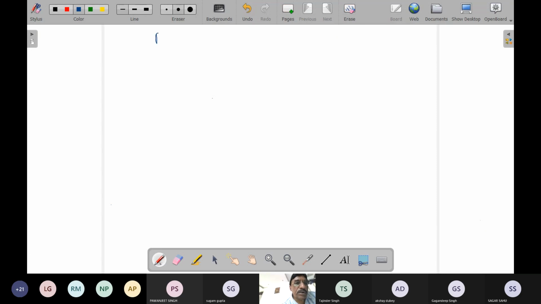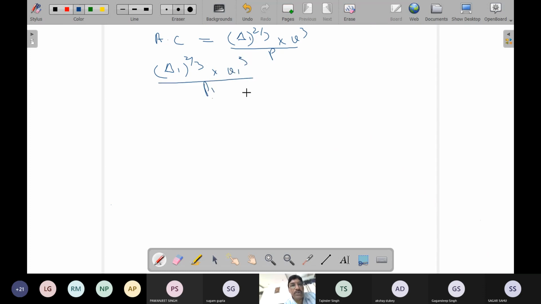One is admiralty coefficient is equal to delta to the power 2 by 3 into V cube over P. This is the formula, and using this formula we can write as delta 1 to the power 2 by 3 into V1 cube divided by P1 is one set of condition.